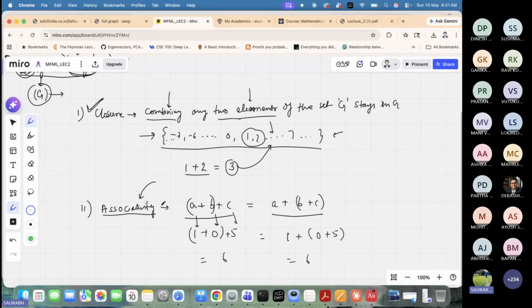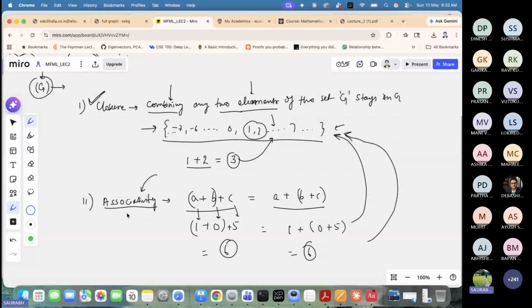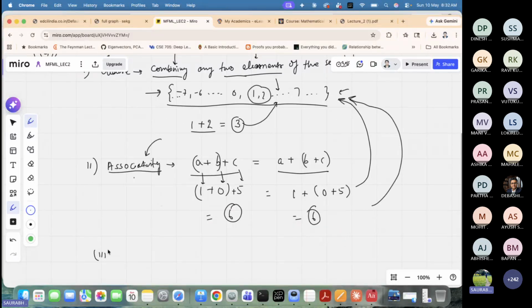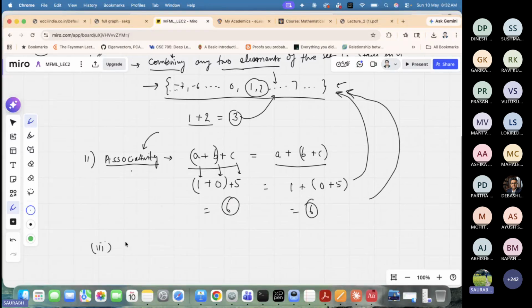The output is always going to be the same, and 6 is already a part of the set of integers. So this is associativity. Third is the identity element.